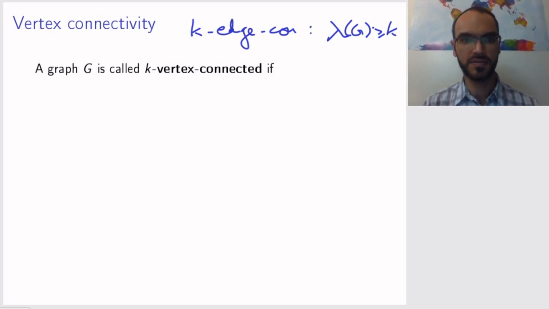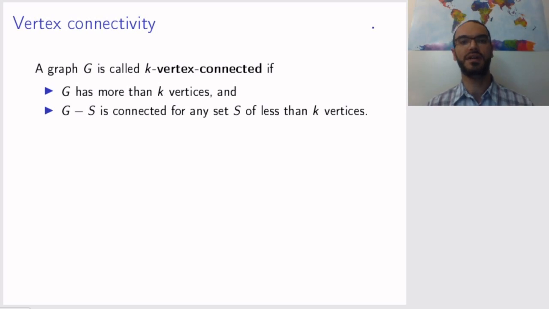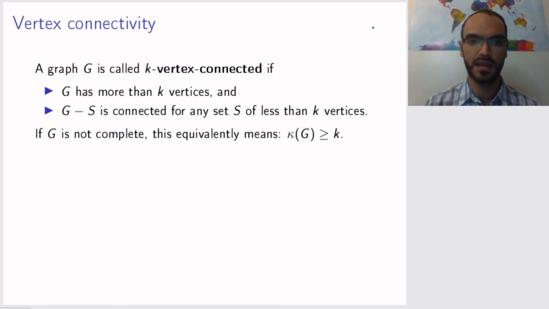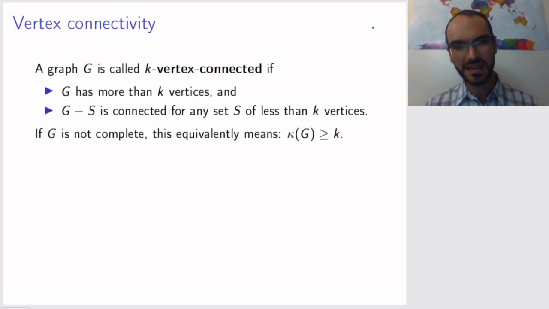We have to be a bit roundabout, so the definition of k-vertex connected, well, you want the graph to have more than k vertices, and it stays connected whenever you remove a set with less than k vertices. If you're not dealing with a complete graph, this actually means that the vertex connectivity is at least k. So this is the analogous concept for vertices. It's slightly less useful than edge connectivity. So if you're comfortable with edge connectivity and this looks weird, wait a moment and go back to it later.